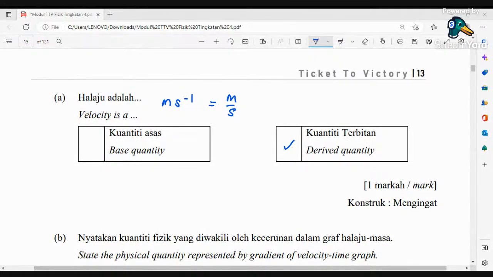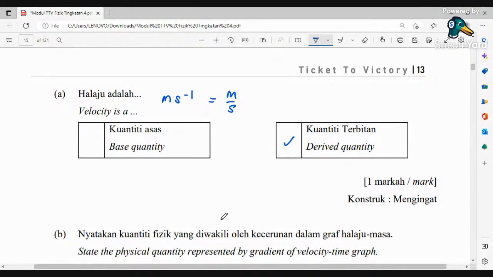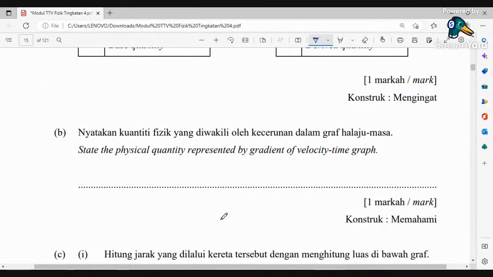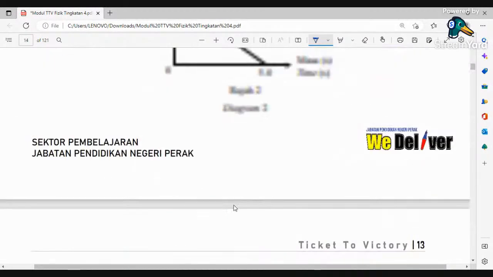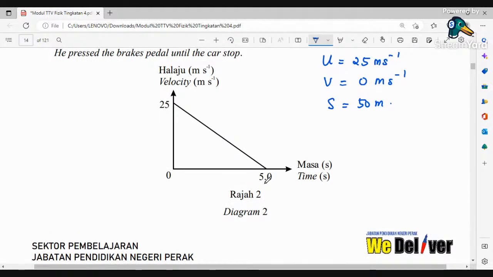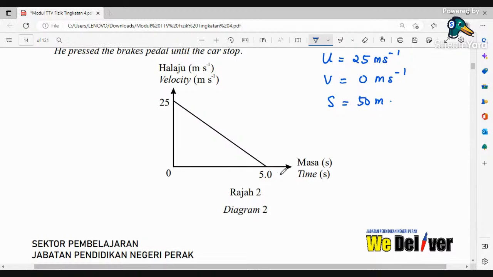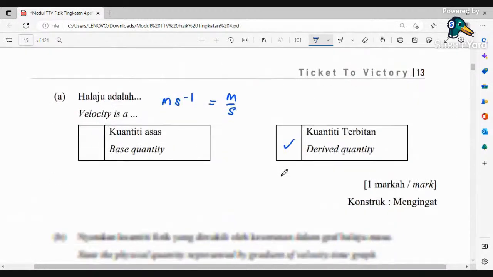If you have a question, just write it in there. Part B: state the physical quantity represented by the gradient of a velocity-time graph. For this VT graph, the gradient equals acceleration.